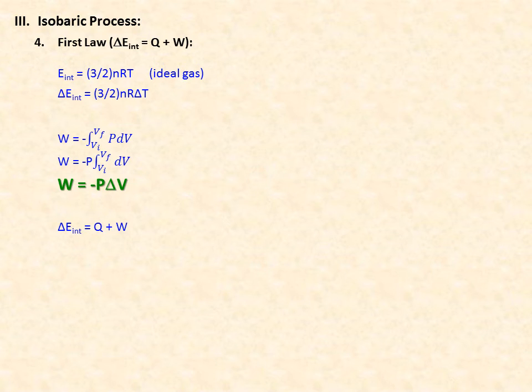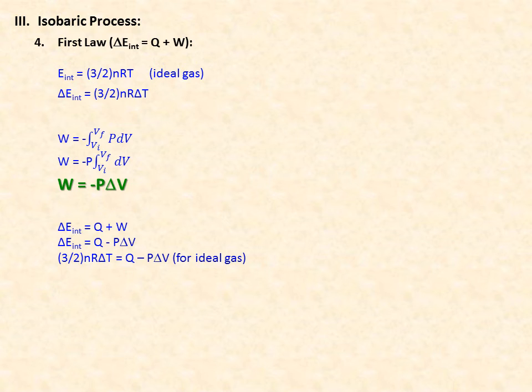When it comes to applying the first law of thermodynamics here, we see that we can substitute our expression for work, the simple expression of the pressure times the change in volume. And then, of course, if you're talking about the special case of an ideal gas, know that you can substitute the change in internal energy expression in there.